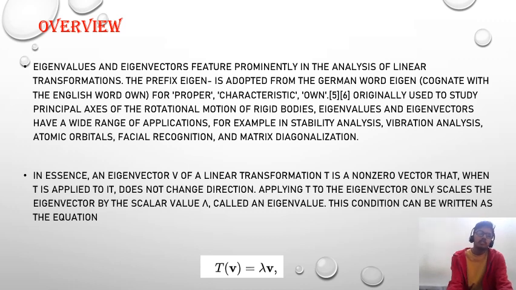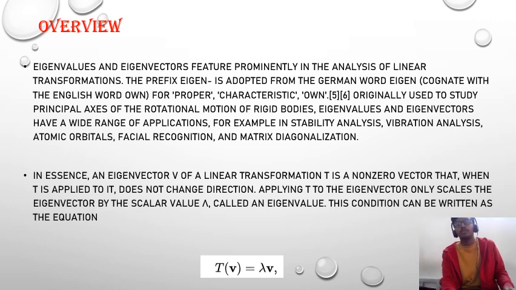In essence, an eigenvector v of a linear transformation T is a non-zero vector that, when T is applied to it, does not change direction.